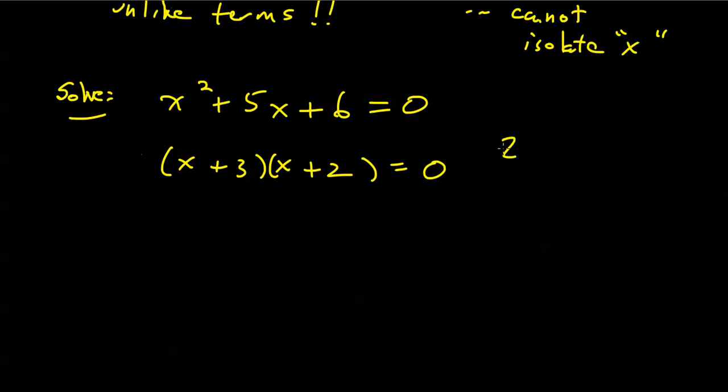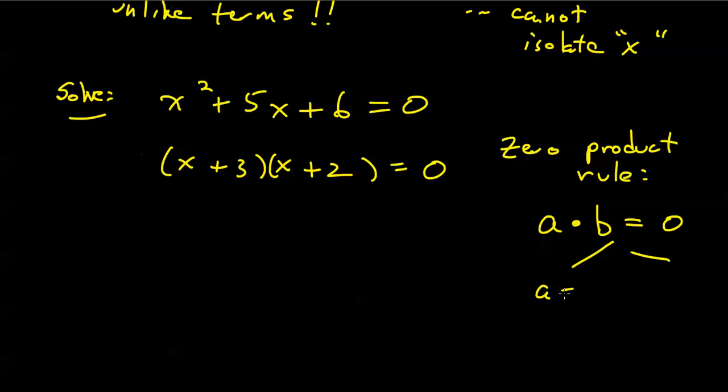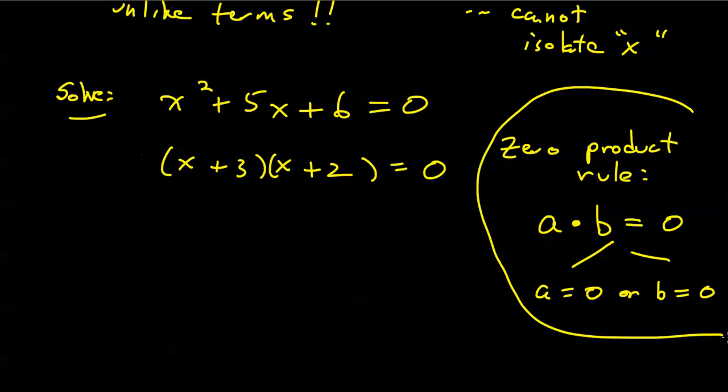At this point, I'm going to invoke what I call the zero product rule. And all that says is if you have a product of factors equaling 0, that means either one or the other is 0. Alright, so that's not too unbelievable. We can accept that pretty easily. And what I can do is take this rule and apply it to this expression here.